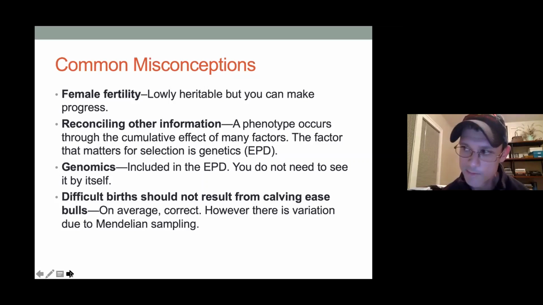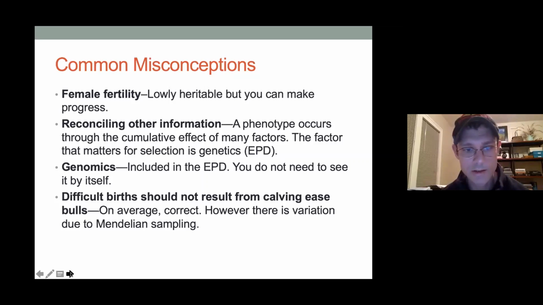Passed on all his bad alleles or all his bad genes to that particular calf, which created a dystocia event, right? So these EPDs are meant to compare individuals based on what we expect the average of their offspring to be. That's an important concept.